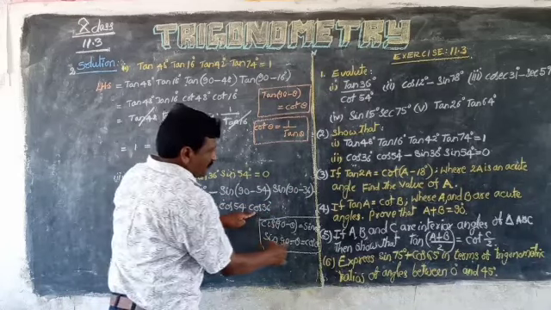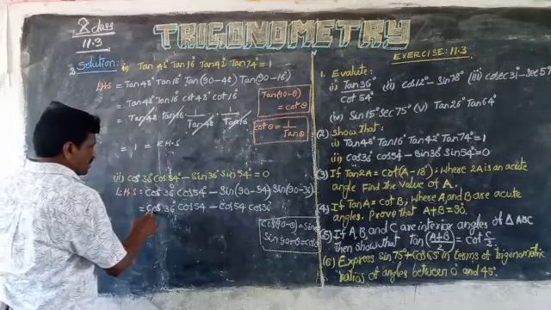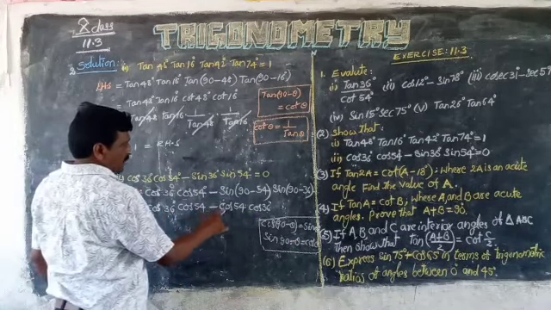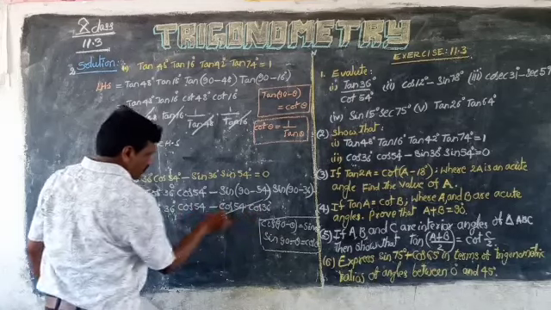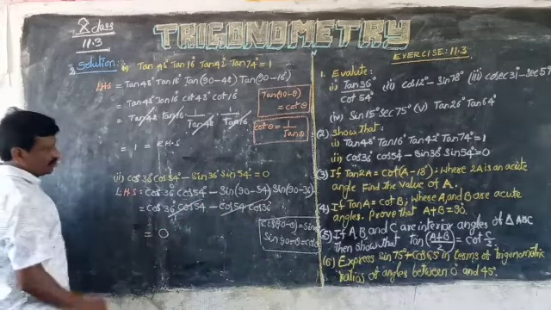So cos 36 cos 54 minus cos 54 cos 36 is equal to 0.